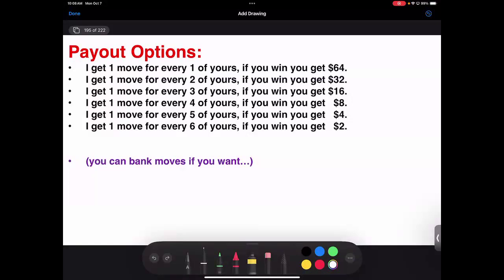So if we do it for tuition, I get 1 move for every move you do. We can play for money, and I'll give you this deal. And if you win, everybody in the class gets the award. How much money are you risking?